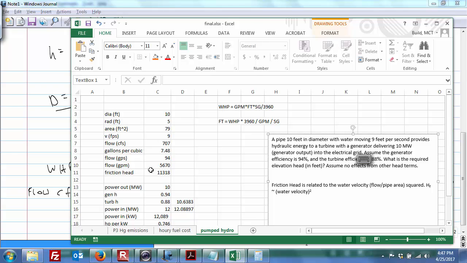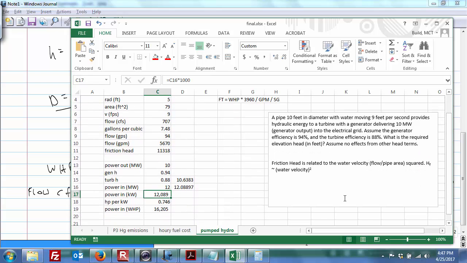So in our spreadsheet, here's our kilowatts. So 12 megawatts is 12,000 kilowatts. Here's our horsepower per kilowatt. This is our water horsepower.